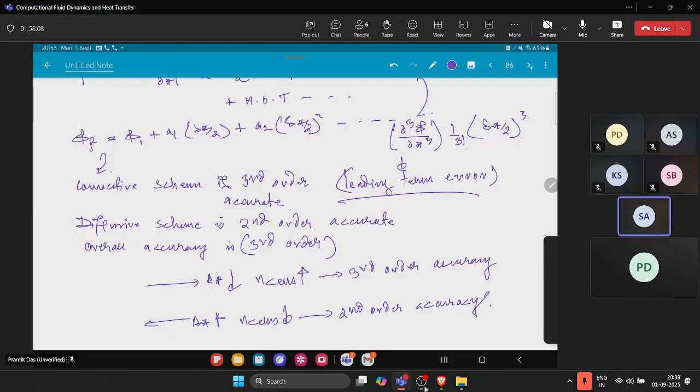Sir, I mean, is it possible to use the central difference formula in polar coordinate also? Yes, you can do it, but what we do is basically we solve the whole equation in the xy coordinate system and then convert vx, vy and vz into vr, v theta and vz. Okay, because in the Cartesian coordinate system the formulations are a bit easier and that's why we stick to Cartesian coordinates.